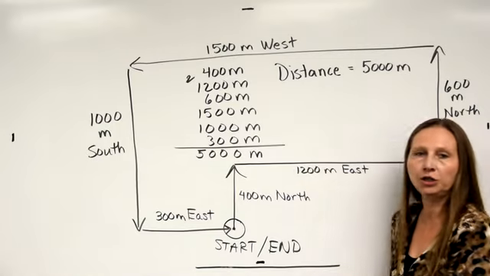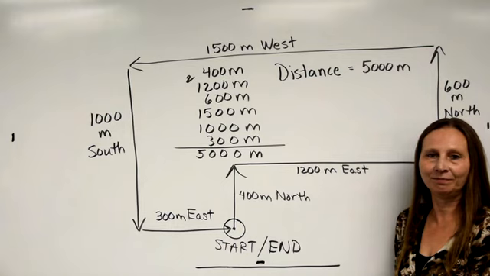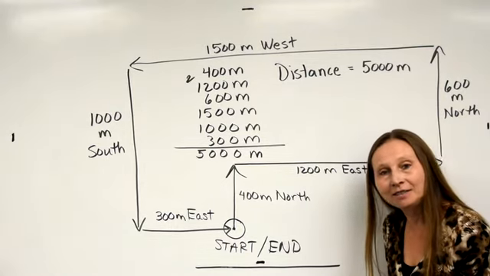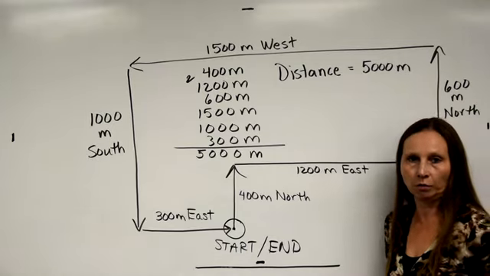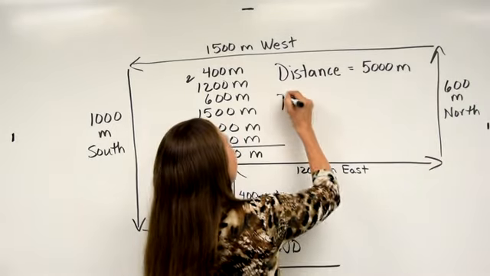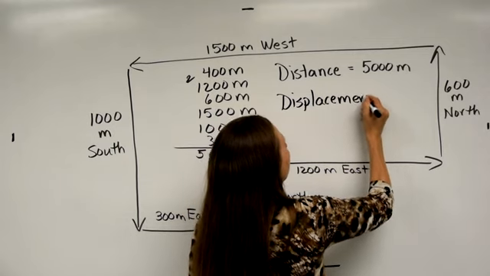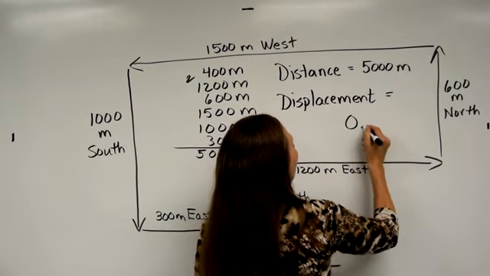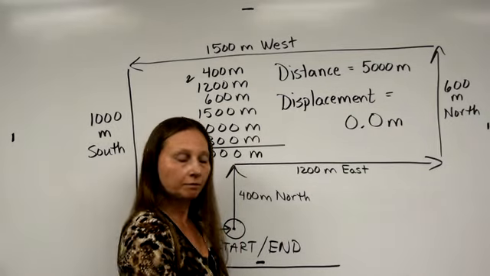What is her change in position directly from start to end? That's right. Her displacement in this case is 0. So the magnitude of her displacement is 0, we'll just say 0.0 meters.